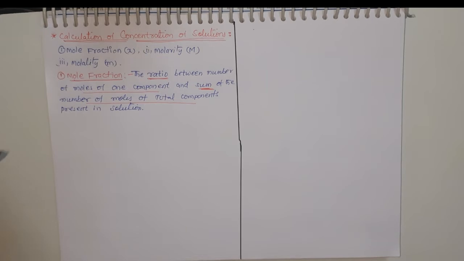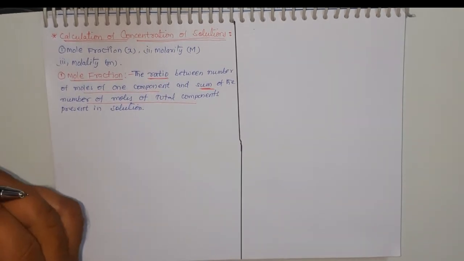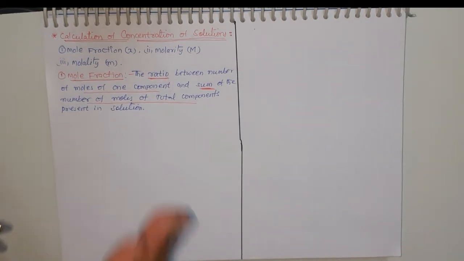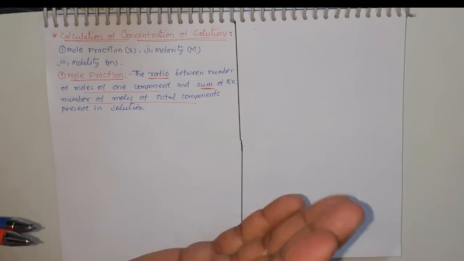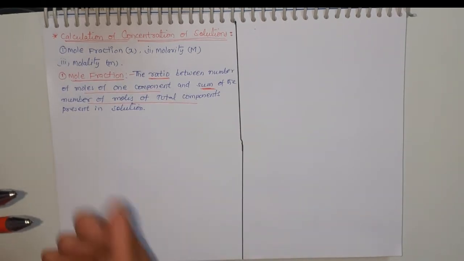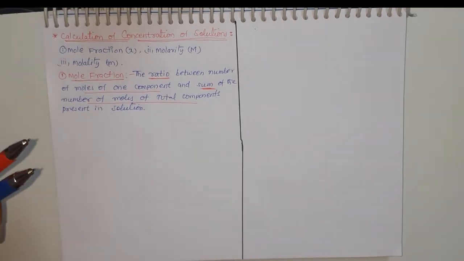Example, if one solution has more than one solute, then for one solute, the mole fraction is the number of moles of that solute divided by the total number of moles of all solutes.